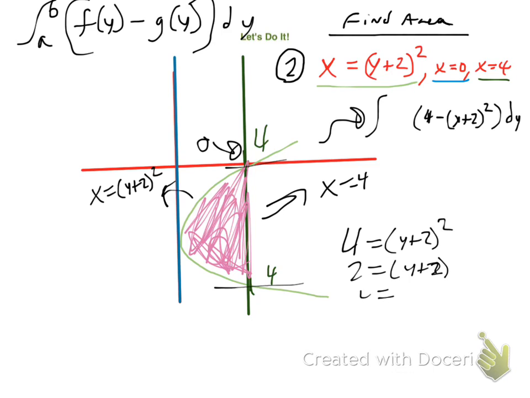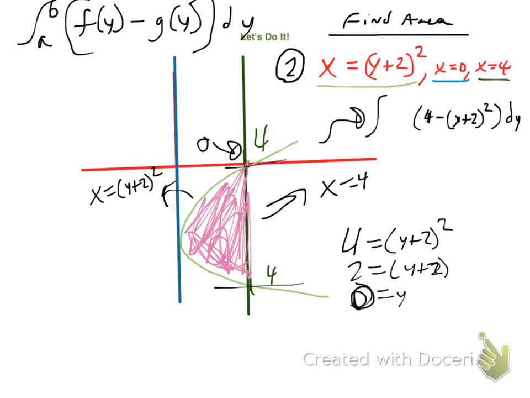Did I just seriously make that mistake? That is 0. Y equals 0 at the first intersection point, which is this one, right?